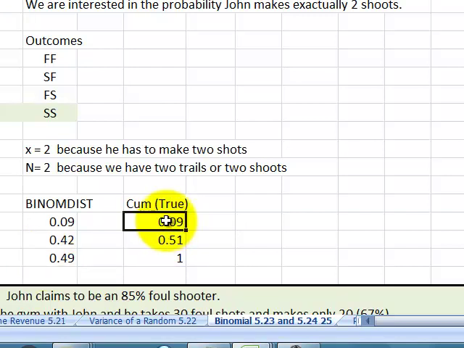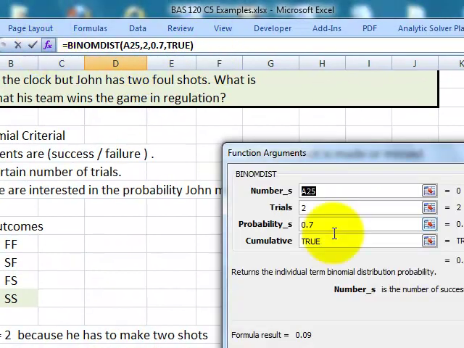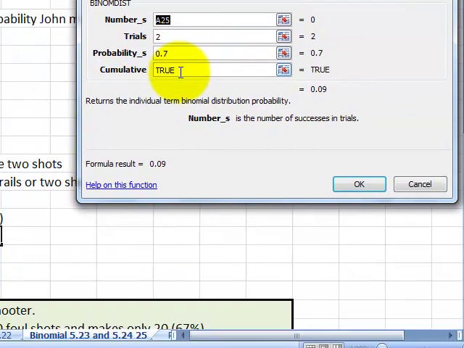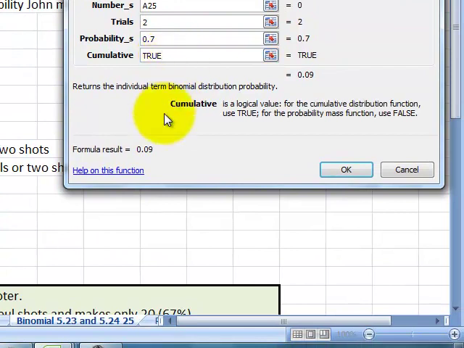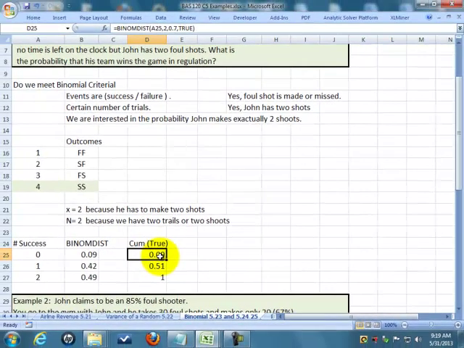Now over here is the binomial distribution with all the same data, only notice down here for cumulative, we said make that true. Make it cumulative. So now we have a cumulative distribution. Not surprisingly, the 0 is still 0.09.